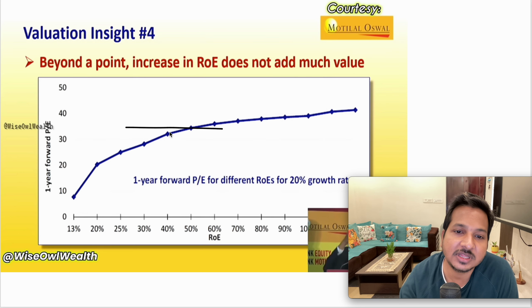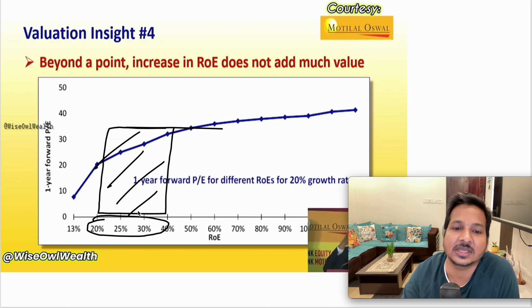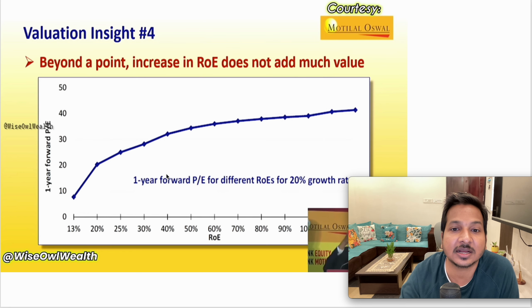Even around 30, 40% is sufficient. If ROE is around this range, that is more than sufficient for any company. In this region you have to see 20 to 40% ROE. This is sufficient, not more than that. After that, an increase in ROE will not help the company gain value.